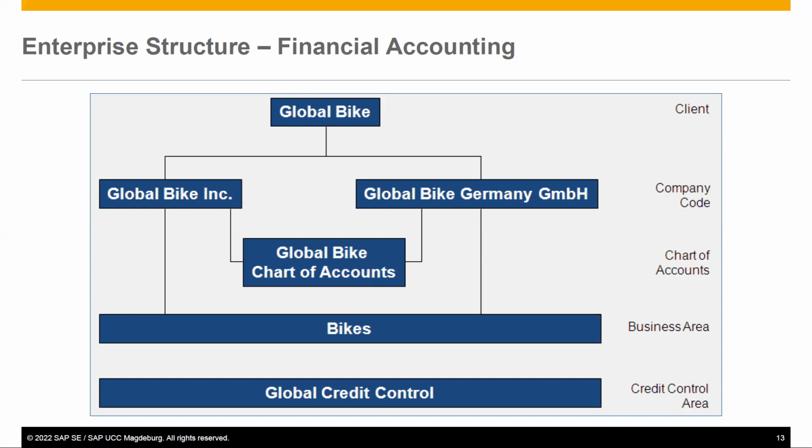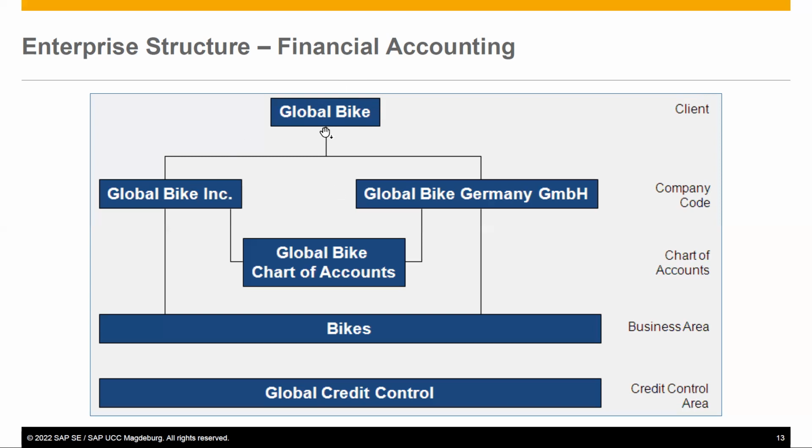The organization level data is actually the enterprise structure. If you see, this is the flow chart of a company, the structure of a company, by the way. This is my Global Bike, which is my client. In SAP, I will say client, but in business terms, I can say this is my organization.